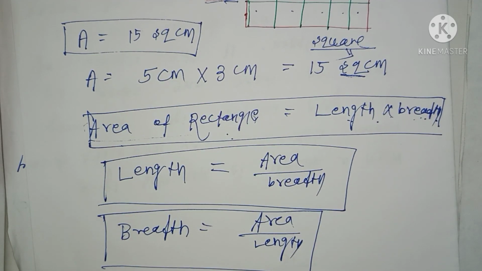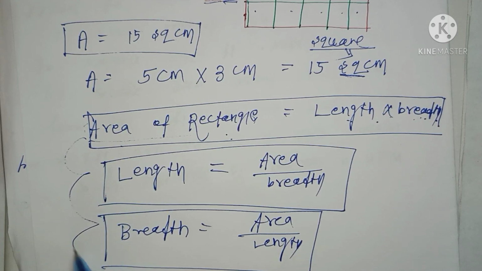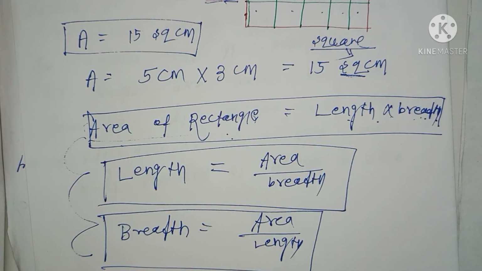Is it clear, all of you? So these 3 formulas you will remember. This is all about the rectangle, to find out the area, or length, or breadth of the rectangle. So according to the question you will write this formula. Is it clear? So let me do one example, then it will be clear.